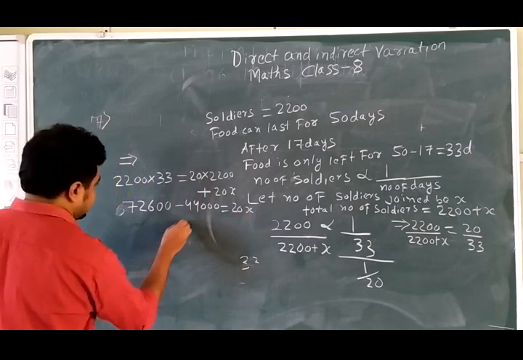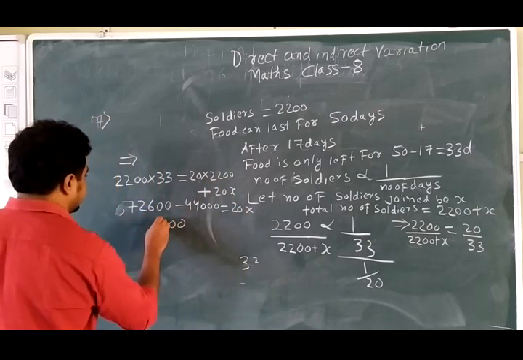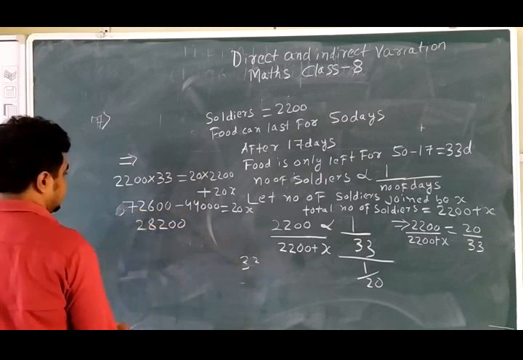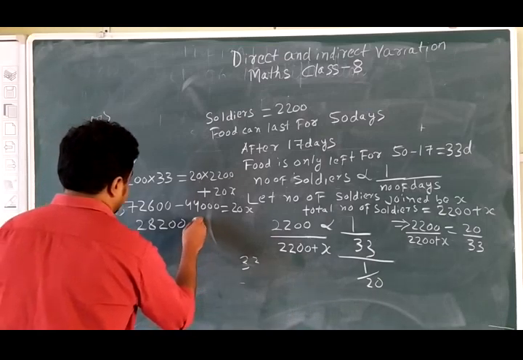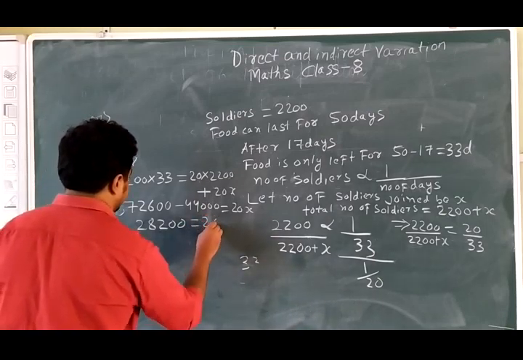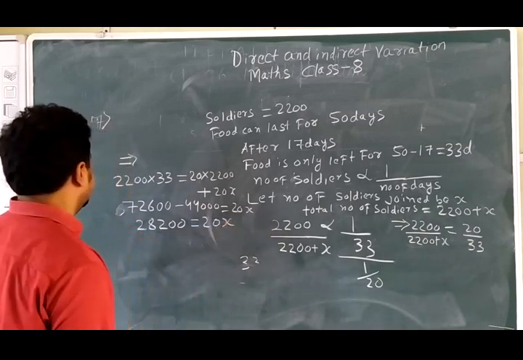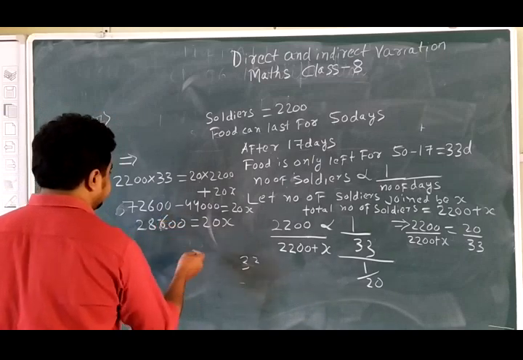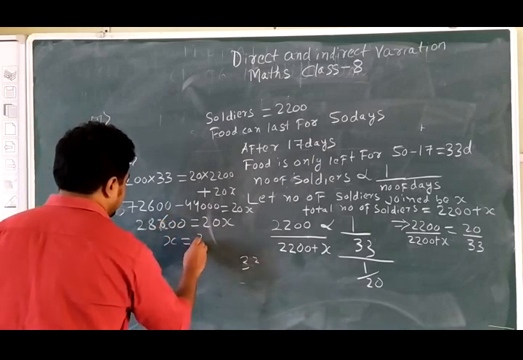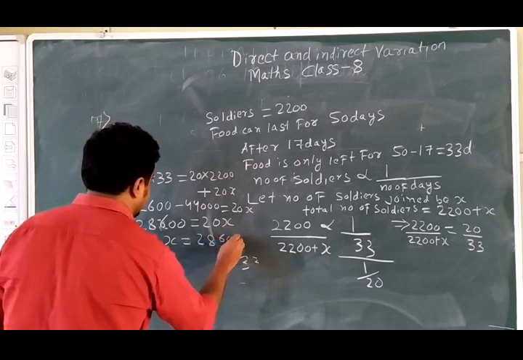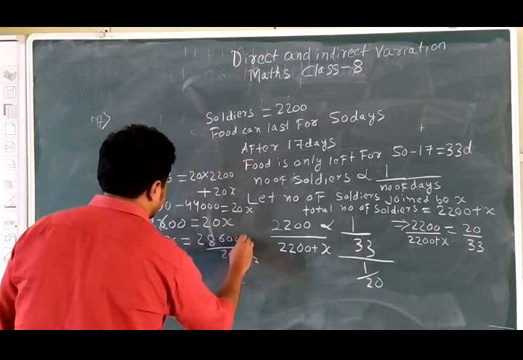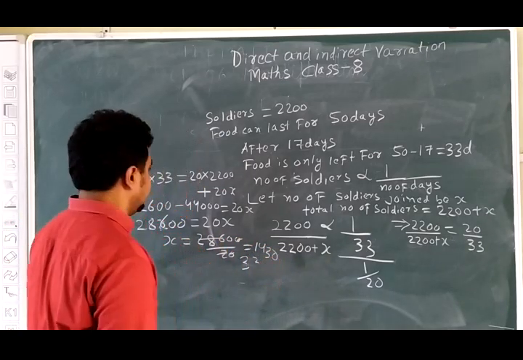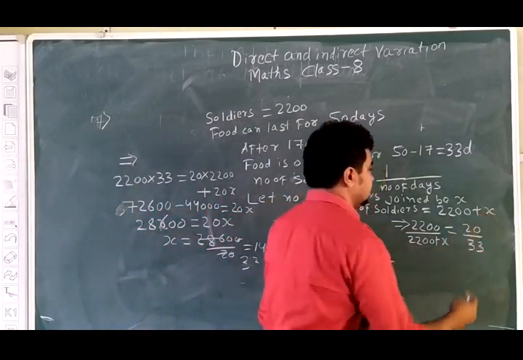So from here we are getting 0, 0, and 6 minus 4 is 2, and 12 minus 4 is 8, and 2, 8. 28600 is equal to 20x. So x will be equal to 28600 by 20, which is coming out to be 1430. So this is the answer. So number of soldiers who have joined the army is 1430.